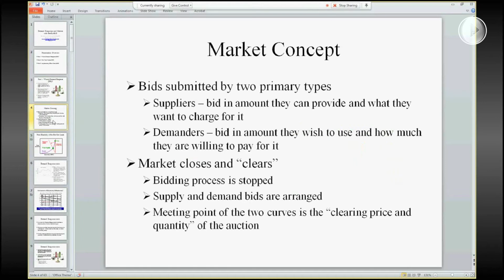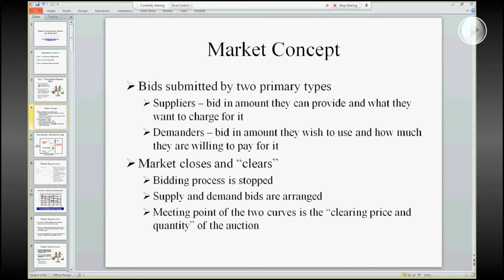So we accomplish this with a quote-unquote market concept. This is where the market module comes in. We've specifically designed this around a certain number of control strategies that we were interested in looking at. Specifically, two-way bidding, so that loads could bid into a supply and demand market, just like you would at the transmission level.